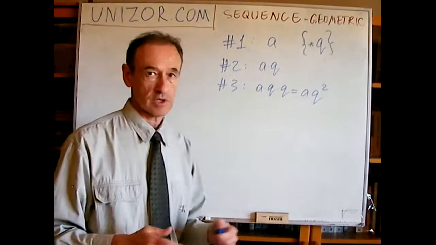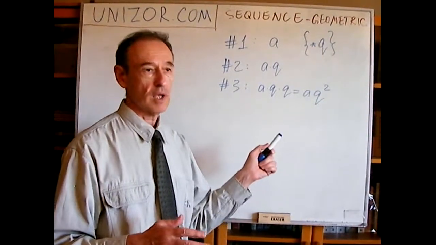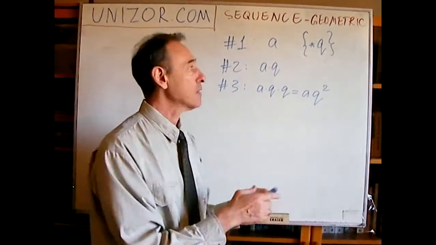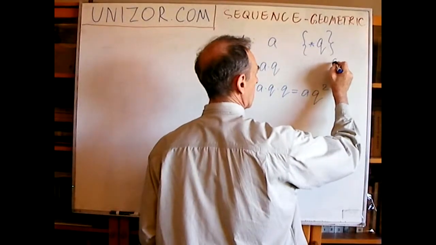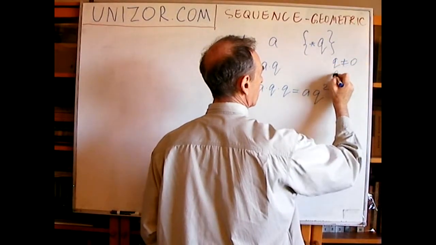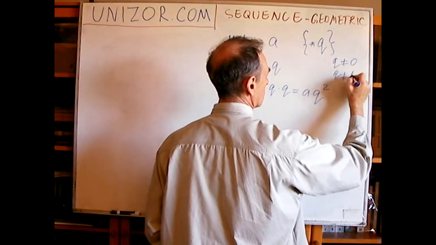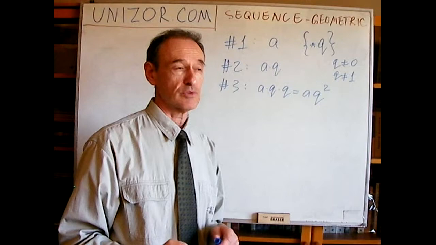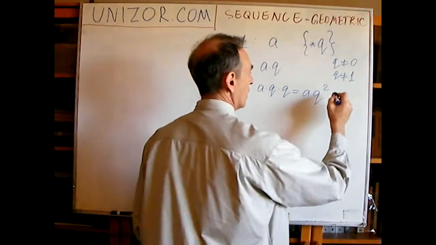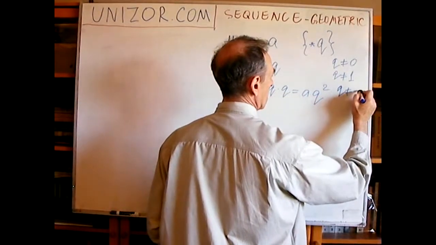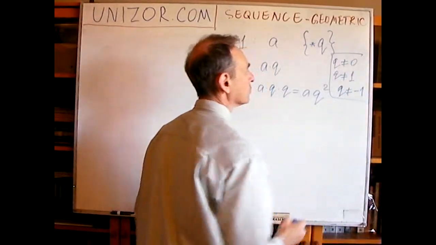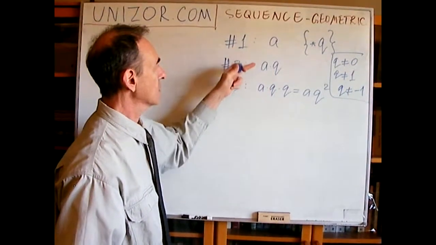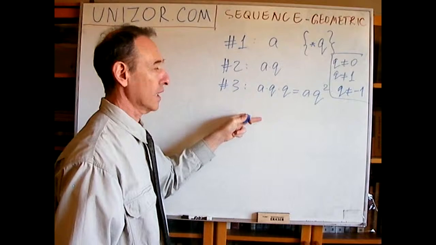So not interesting. Whatever I will be talking about, I will assume that q is not equal to 0 and not equal to 1. And quite frankly, I don't think it's very interesting if q is equal to minus 1, because then you will have a, and then minus a, and then a, and then minus a.